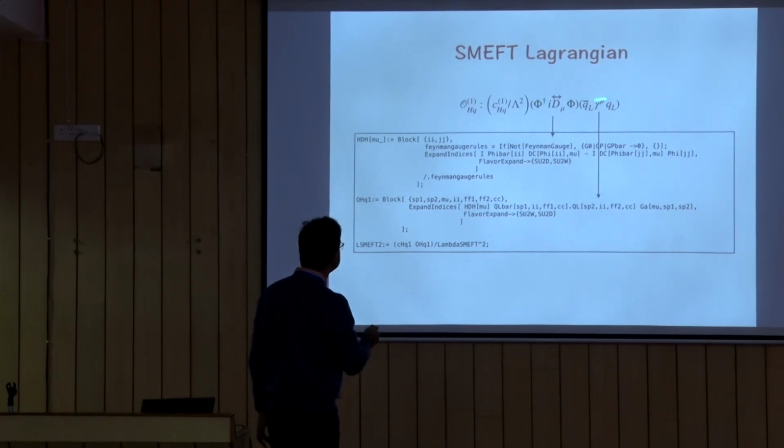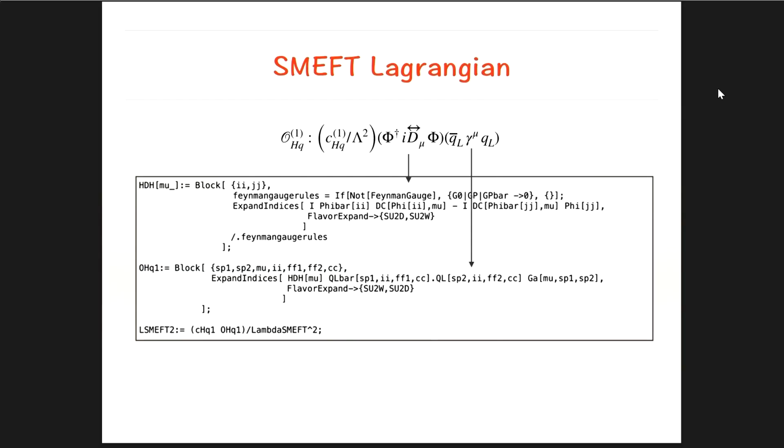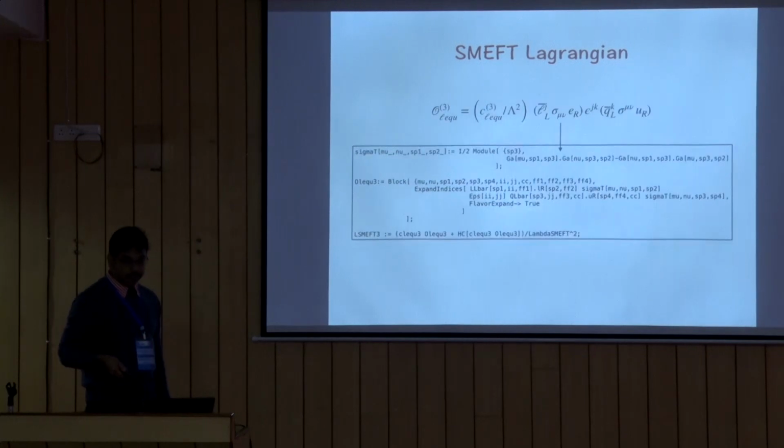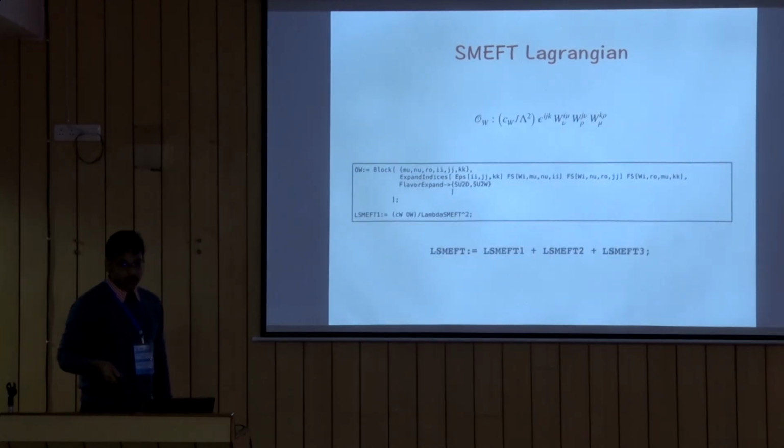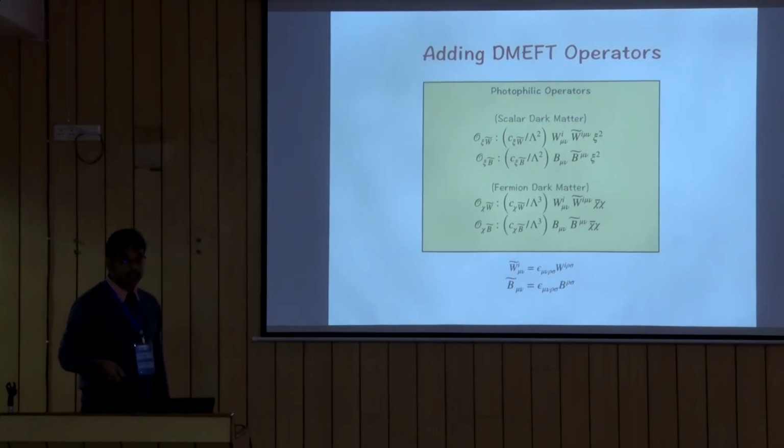So this is explicitly this part multiplied with this part, which is defined here with these prefactors somewhere sitting. Yeah, this is here. So this is SL, this guy with this guy by lambda SMEFT whole square. So this does the job for you. Now I do not want to go over the cases here, so the slides will be there with you, so you can actually look into them.